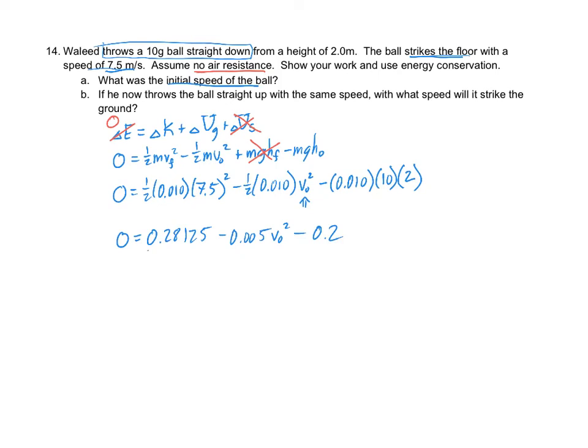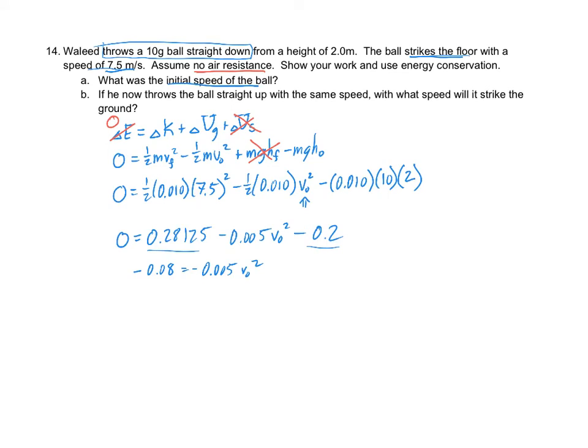And so then I can move these two over to the other side. So I'll subtract the 0.28 and then add the 0.2. And we should get a negative 0.08 equals negative 0.005 v naught squared.